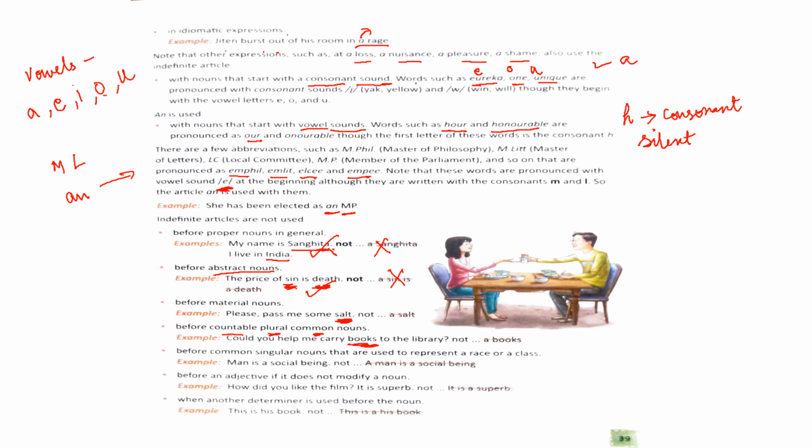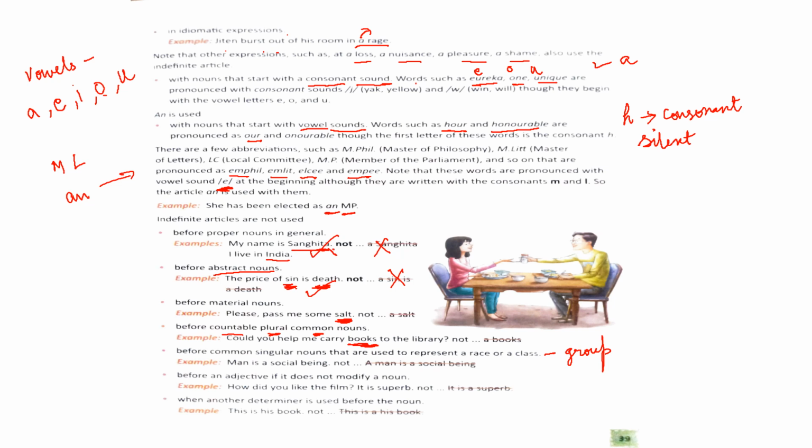Next is before common singular nouns that are used to represent a race or a class. As we know, we use articles a and an with common singular nouns. But if it is representing a particular race or class or some group, then we do not use the articles a and an.